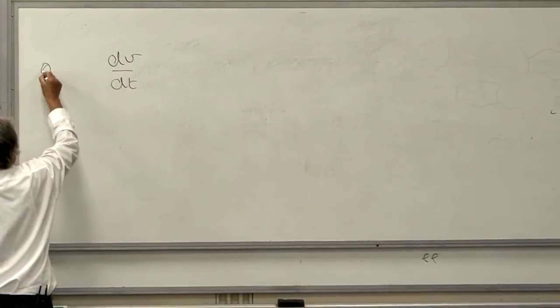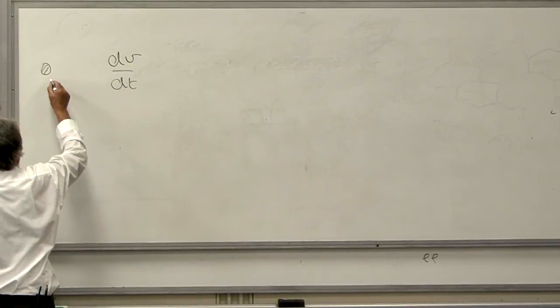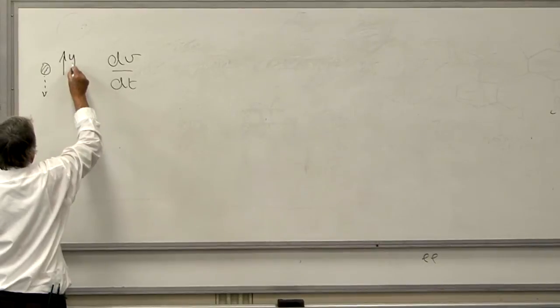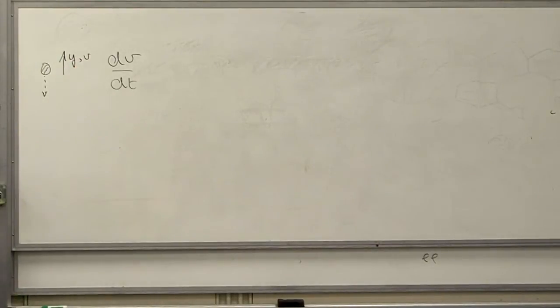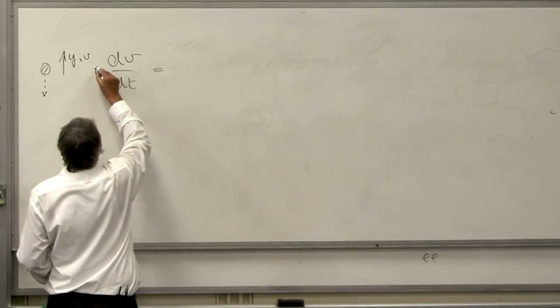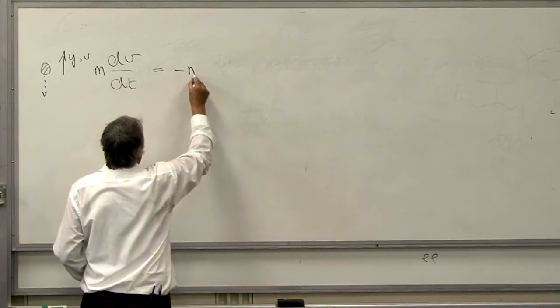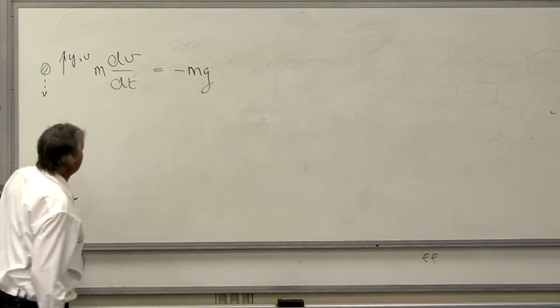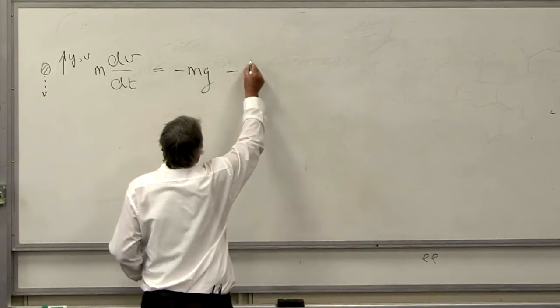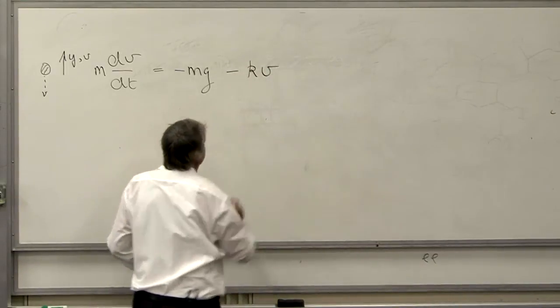So here's the ball. When it's falling, I'm going to take y positive upwards and v positive upwards. It's going to be under the influence of mass times this. The force of gravity is minus mg, and the friction force is minus kV.